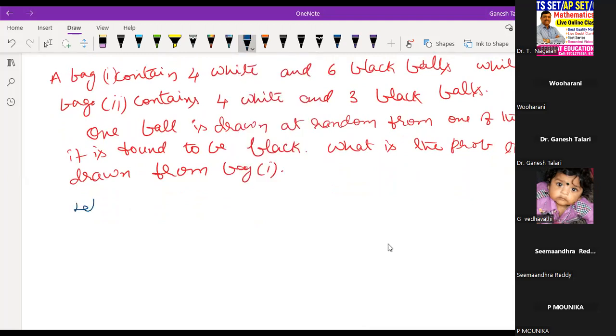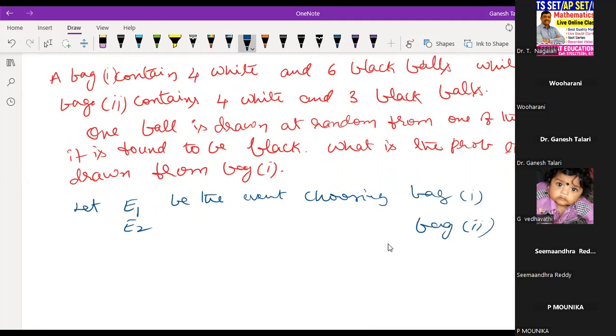So we can take E1 to be the event of choosing bag 1 and E2 for bag 2.